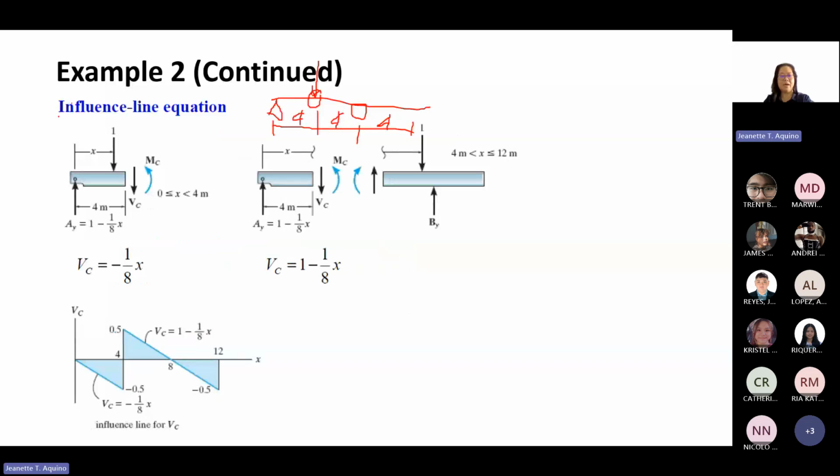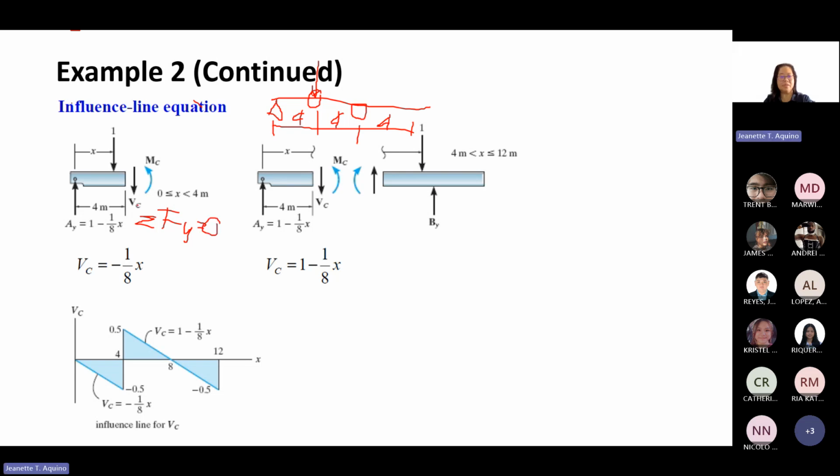Then we add all the vertical forces. Summation of Fy equals 0.